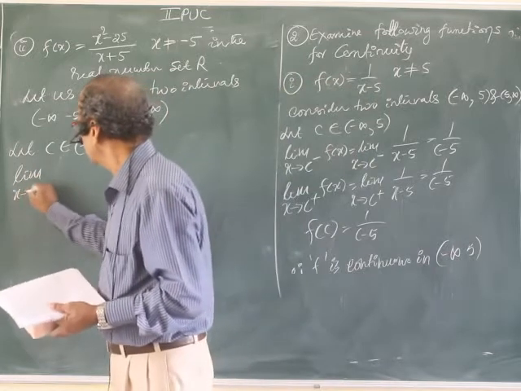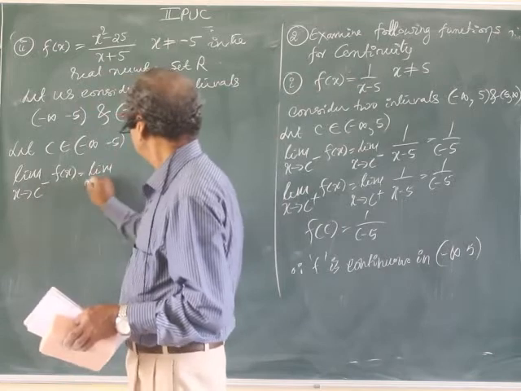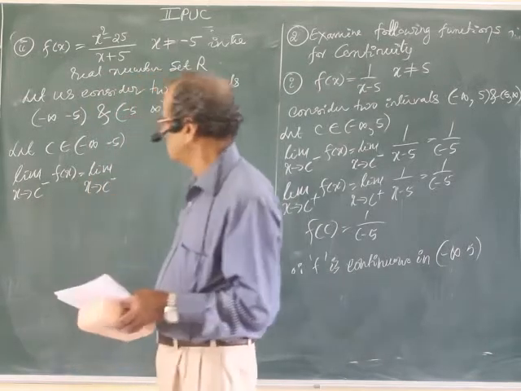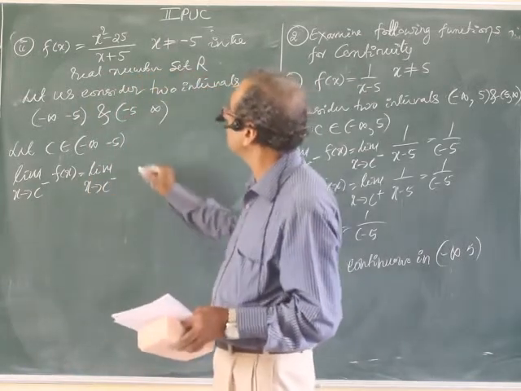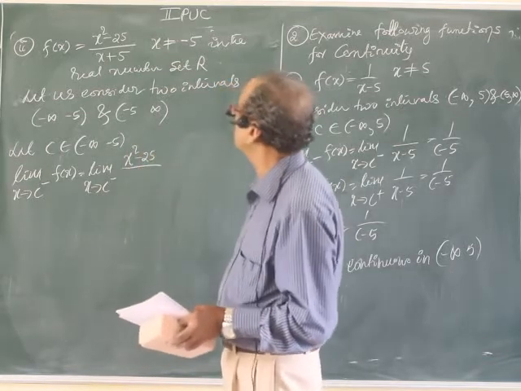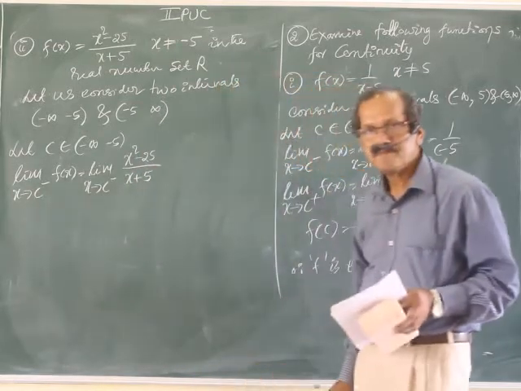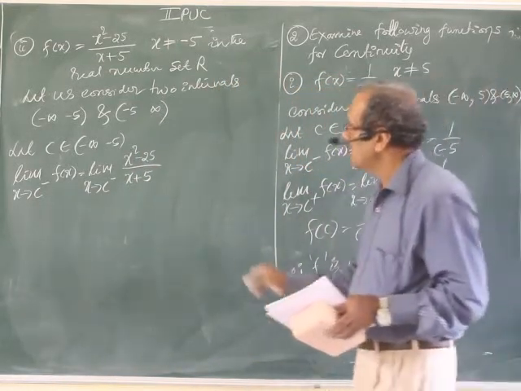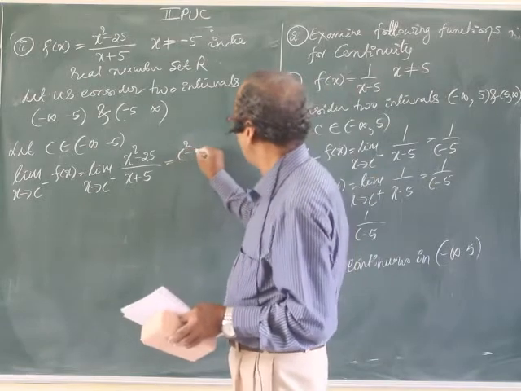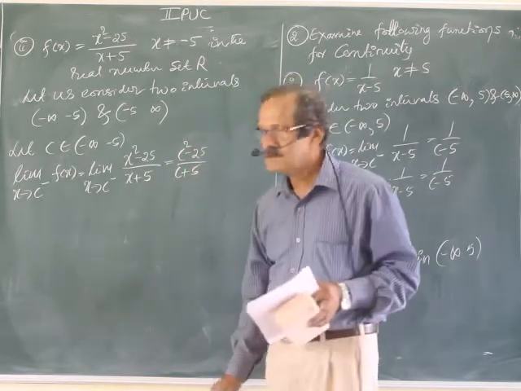Limit x tending to C minus f of x, x square minus 25 by x plus 5, equals C square minus 25 by C plus 5.